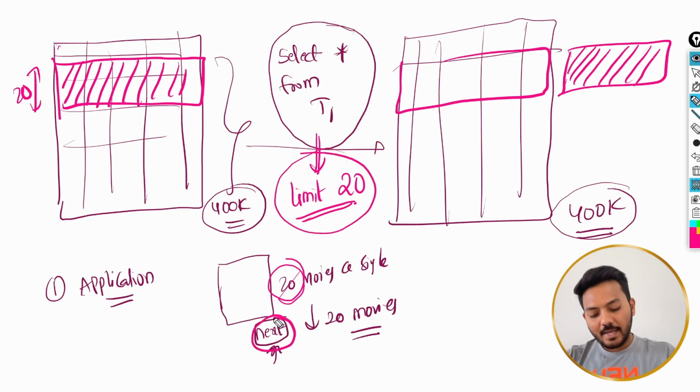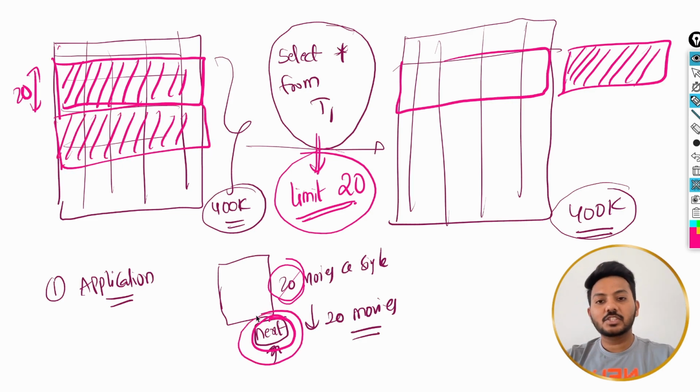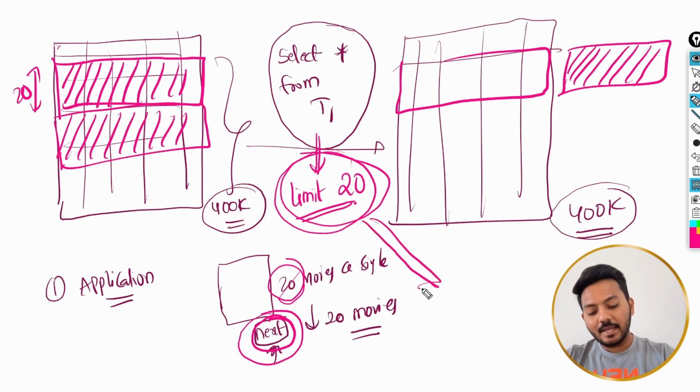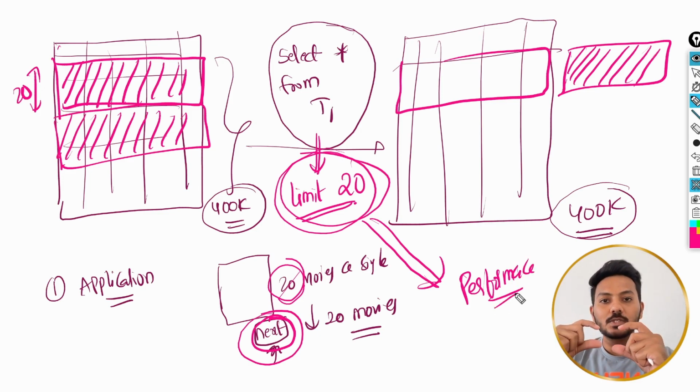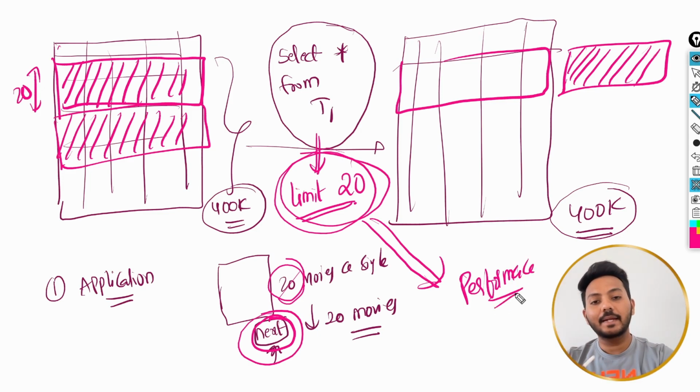And when I click on next, I would get the next 20 records, and then I will add them in the next page, right? So that is where limit helps you in reducing the number of records that you want to fetch, and it will drastically improve your performance because you are loading only a small subset of records from your original big database.